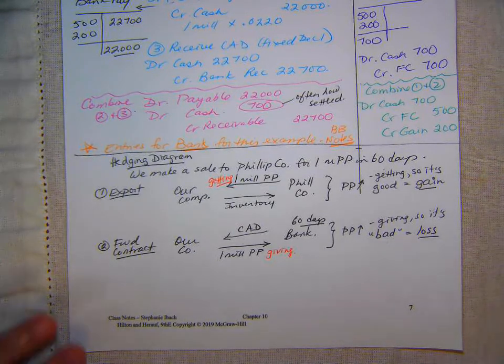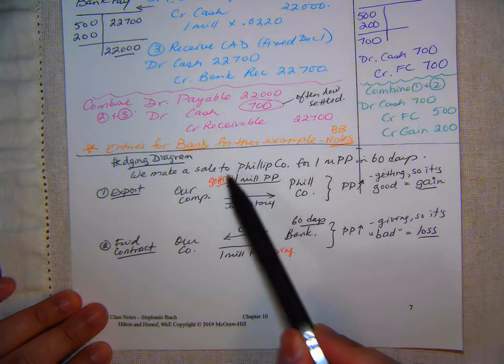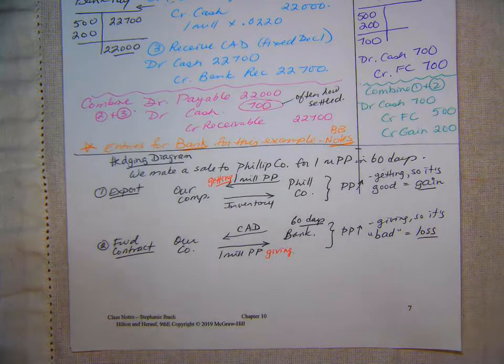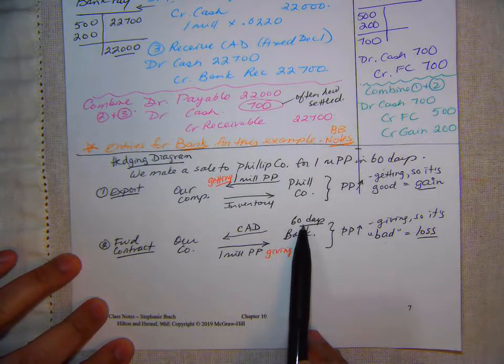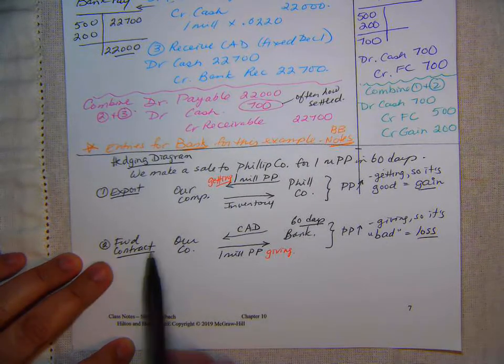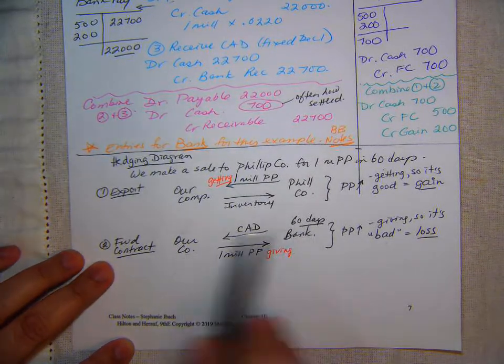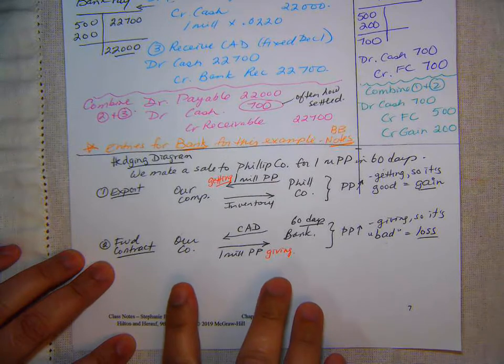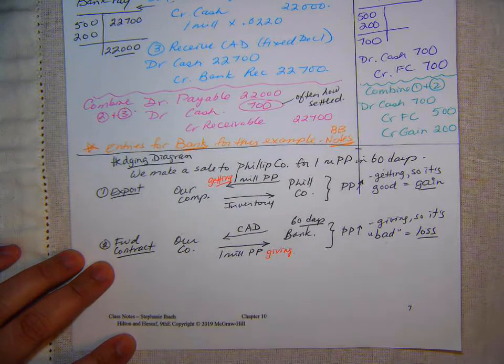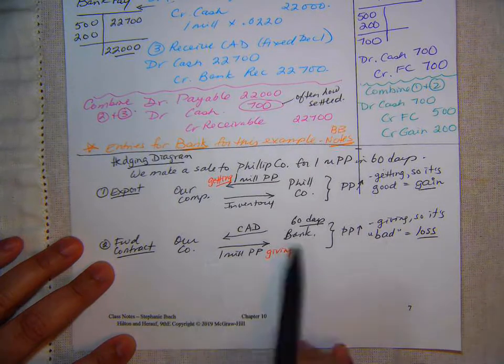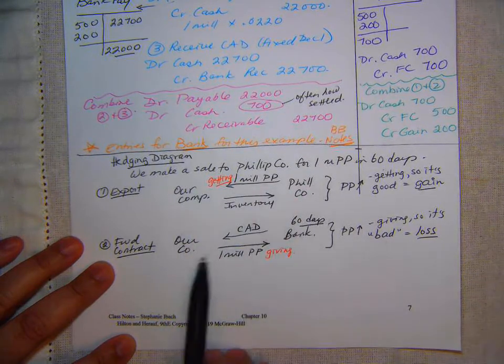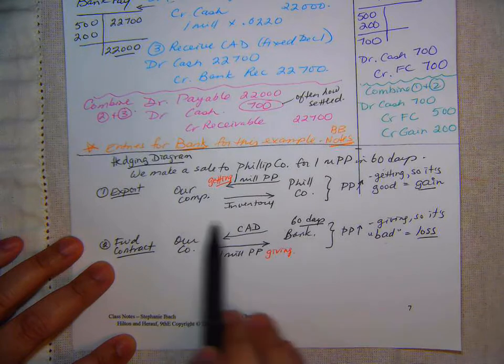Now, there's one little thing. When you enter into 60-day forward contracts or 90-day or any kind of forward contracts, first of all, there's going to be transaction costs, but just assume there's zero. But the exact spot rate changes are not going to equal the forward contract rates, right? Because one's fixed, whereas the spot rate is every day, so it can change up and down every day.